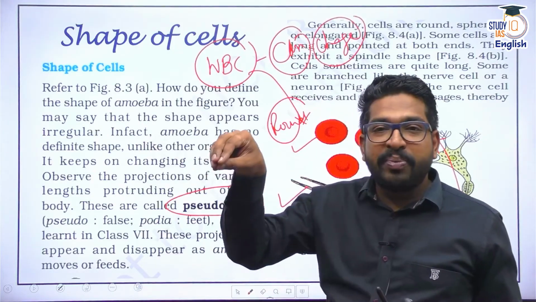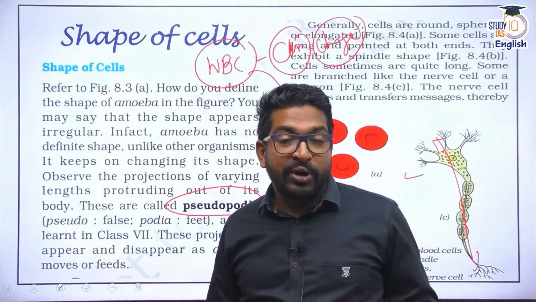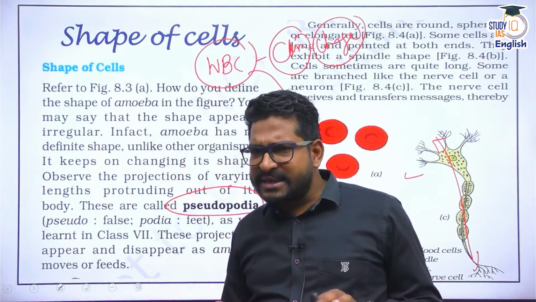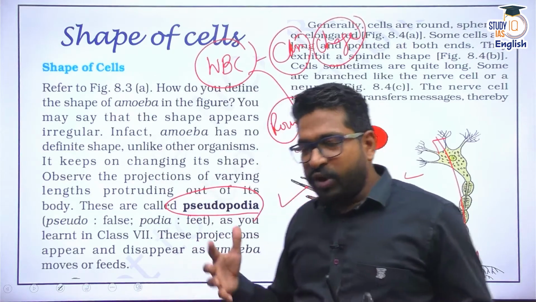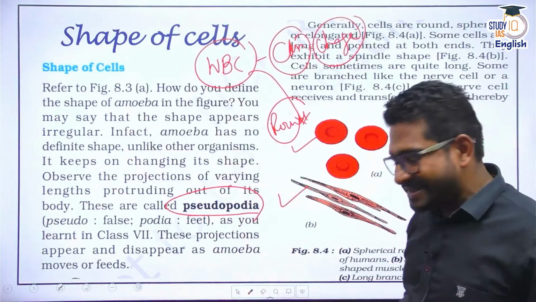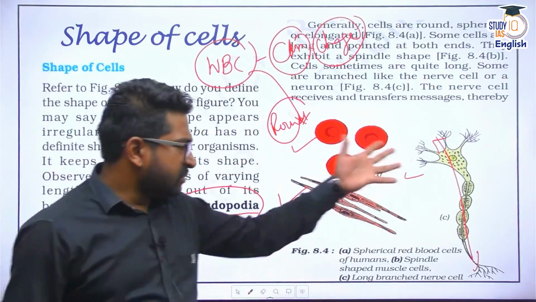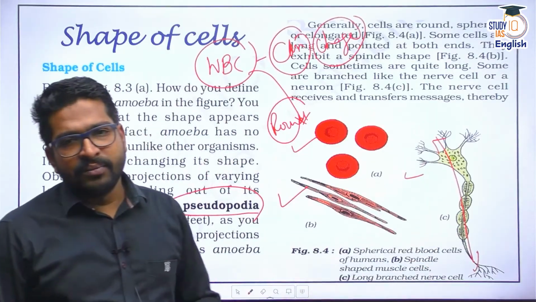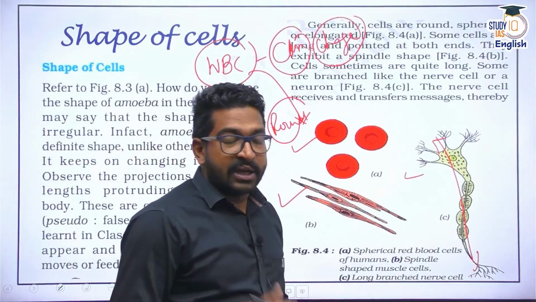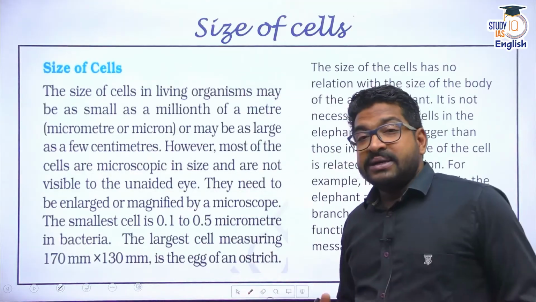That's why WBCs in the human body can change shape, not the other cells per se. But what I want to tell you is we can find different kinds of shapes of cells. In the human body, they are of different kinds like RBCs, and nerve cells which are elongated. So the shape of a cell can be different. The number of cells can be billions in the human body. Apart from that, the size of a cell.